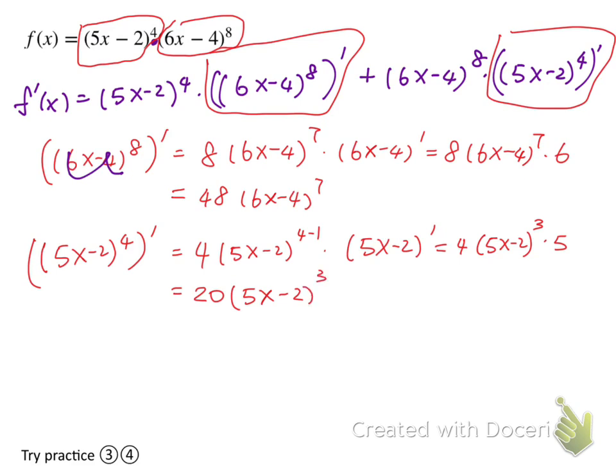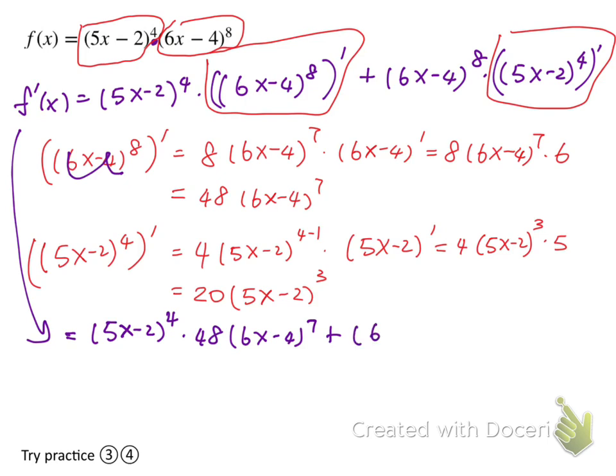Then I bring both of them back to my derivative. Equals, I have (5x minus 2) to the 4th power times 48 times (6x minus 4) to the 7th power plus (6x minus 4) to the 8th power times 20 times (5x minus 2) to the 3rd power.